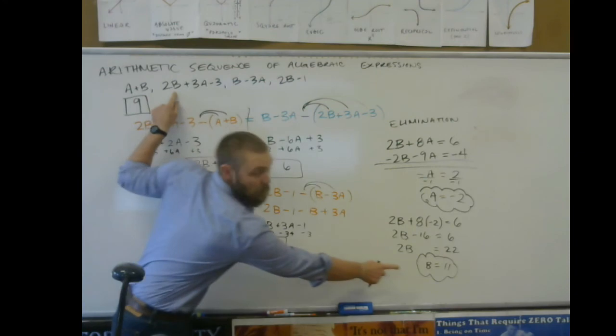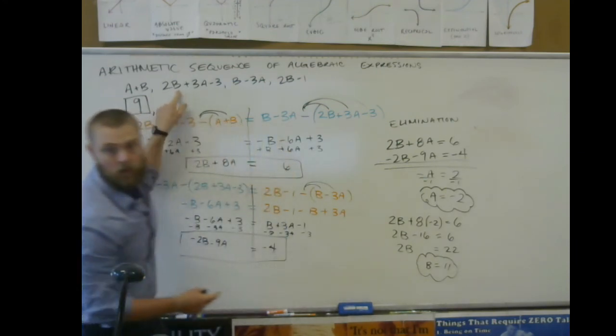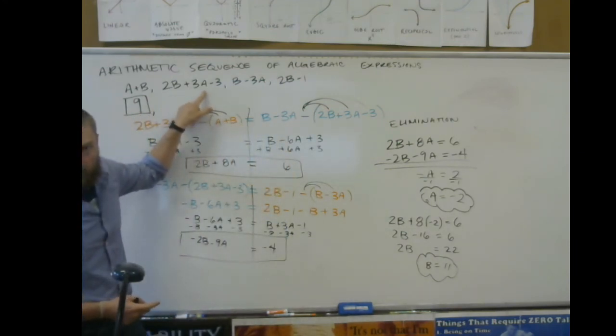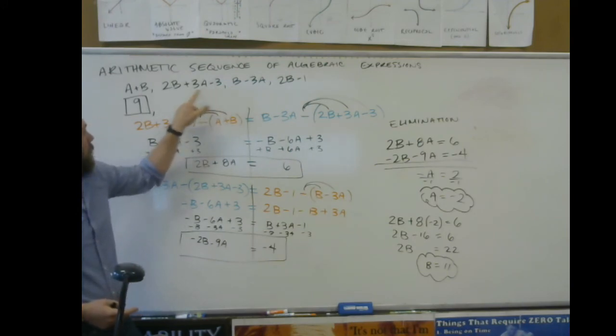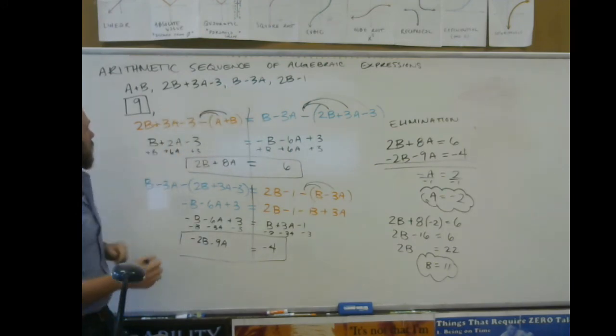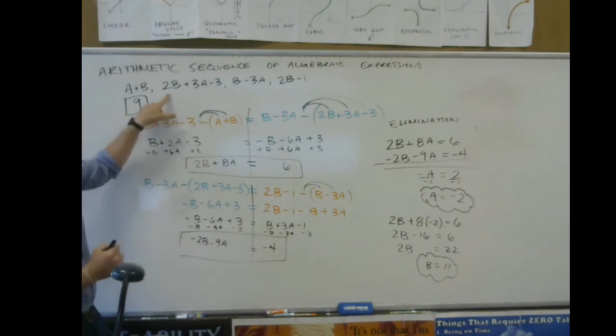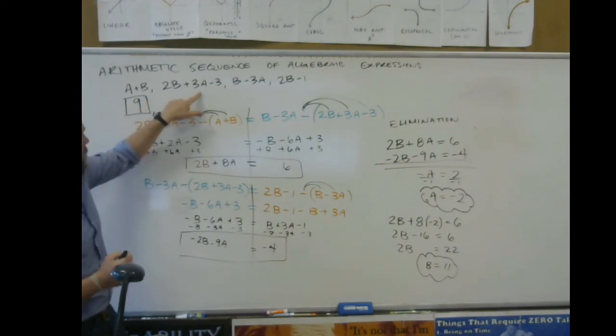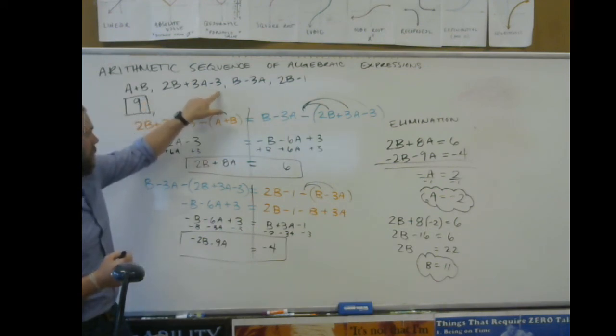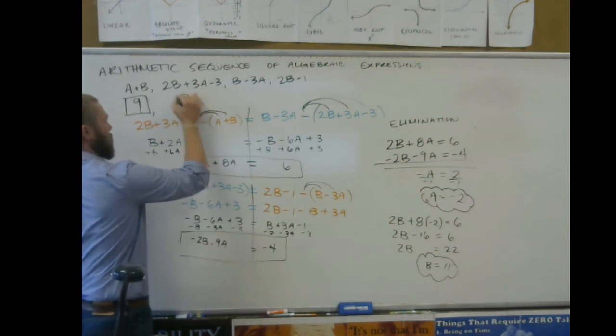Oh, b is 11. So 22 minus 6 minus 3. 22, minus 6 is 16, minus 3, 13.